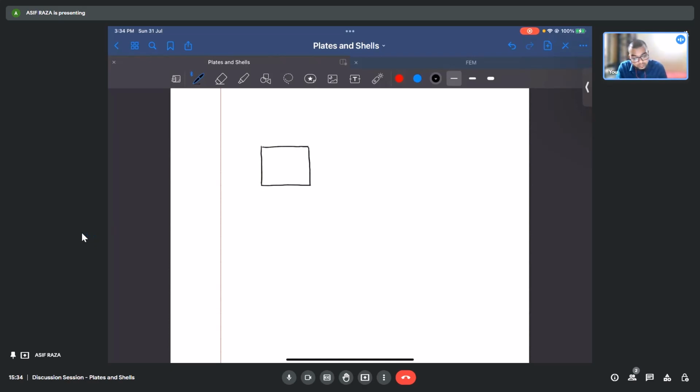I have been given an element ABCD with the length as dx along the x direction, and along y we have the length dy. So this element ABCD displaces and goes to the points A dash, B dash, C dash and D dash.